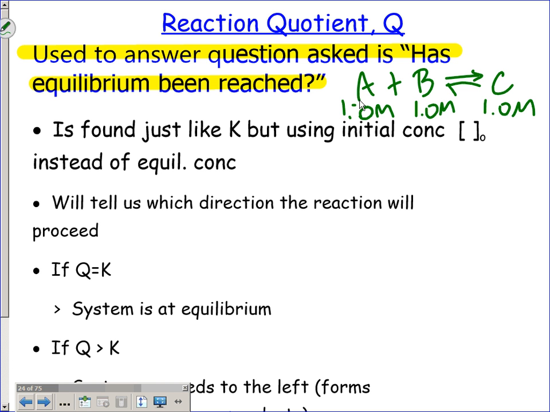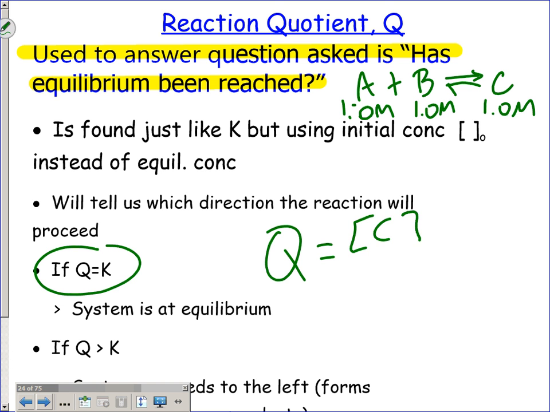So this is what I think Corey's group was talking about yesterday. Q is equal to K and so forth. Q is calculated the same way as your K constant. For this one, just plug it in as A, B, and C. This would be C raised to the first power over A times B raised to the first power as well.